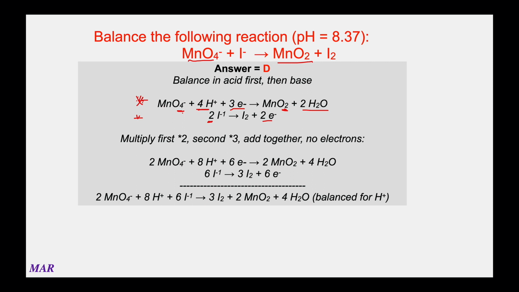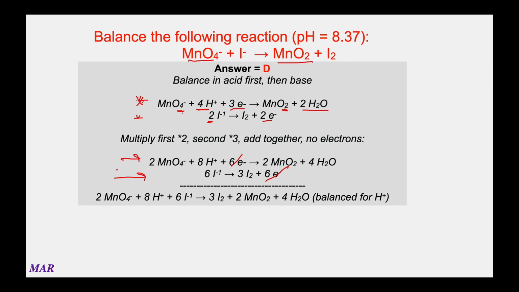So what we do is multiply the first reaction by 2, and that's what's given right there. So you can see everything is multiplied by 2. And the second reaction, we multiply everything through by 3. So that's why we end up with 6 electrons and 6 iodides, etc. That way, when you combine the 2 reactions together, the electrons are absolutely out of here. You don't want them around.